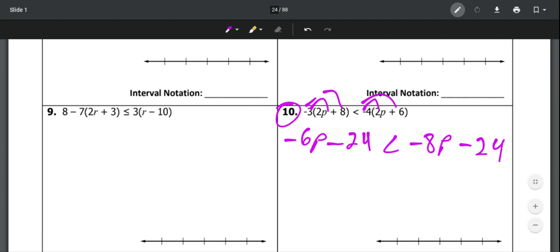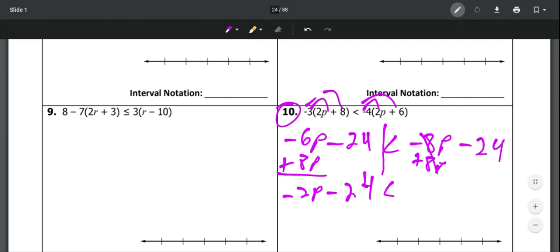All right. So our next step is going to be isolate the variable. So we need to move this. We need to manipulate this equation. We need to get our p's on the left, and we need numbers on the right. So we're going to add 8p to both sides. Now that's going to give us negative 2p minus 24 less than negative 24.